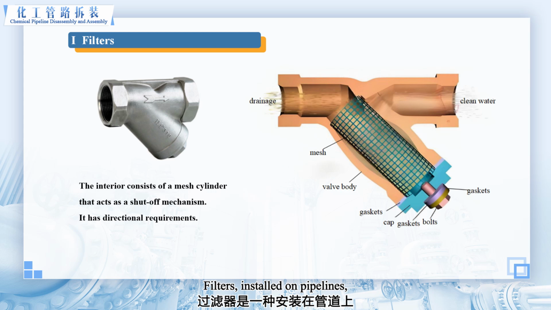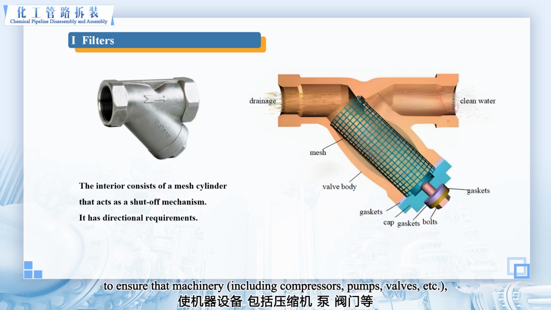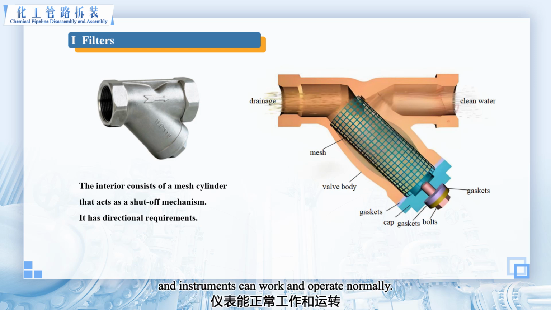Filters, installed on pipelines, are used to remove solid impurities from fluids, to ensure that machinery, including compressors, pumps, valves, etc., and instruments can work and operate normally.